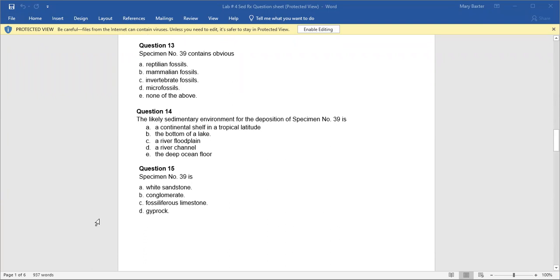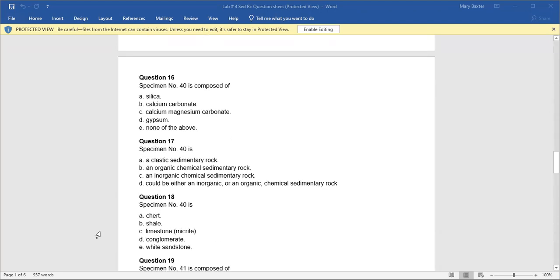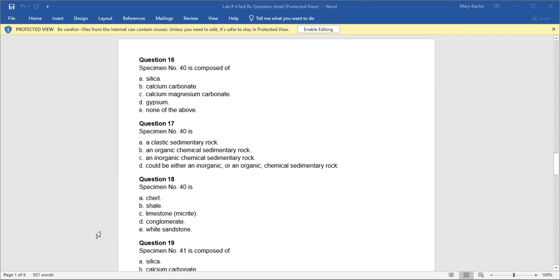And again, go back to that chart. Take a look at where a fossiliferous limestone might form. 39, what do we call it? Fossiliferous limestone, right? That's what we decided it was. Specimen 40. It's also composed of the same thing 39 was. It is, check on that one too.